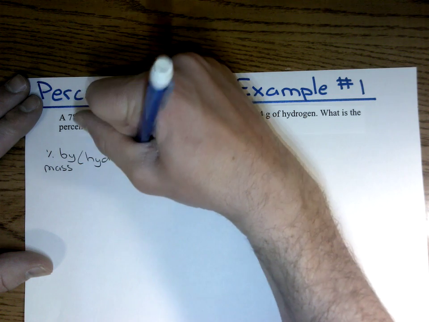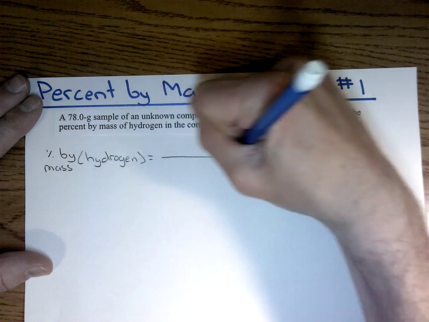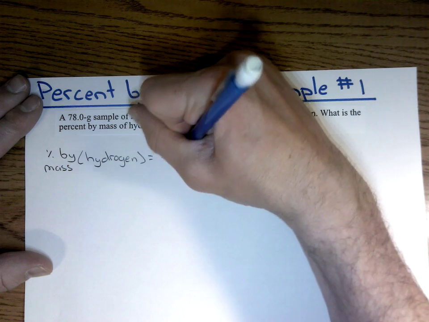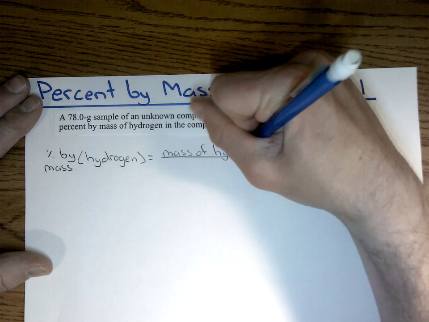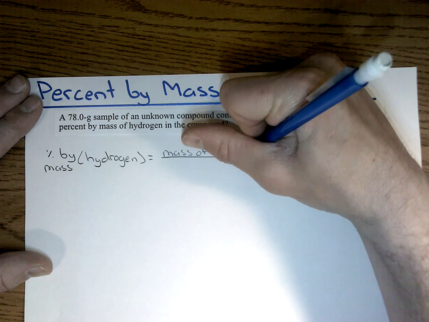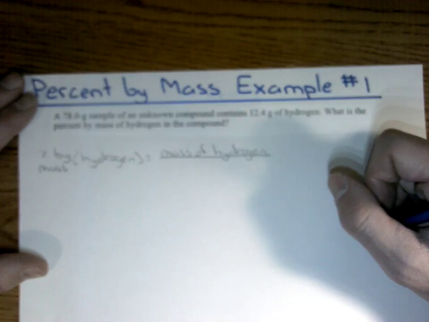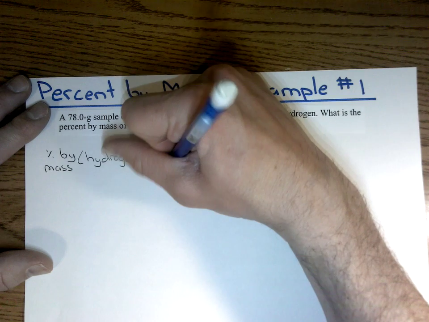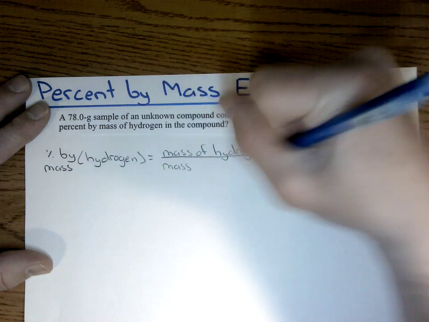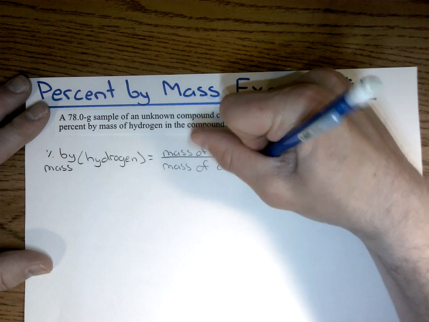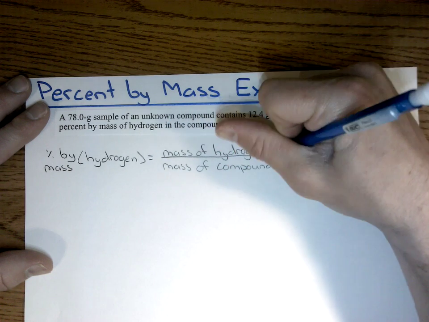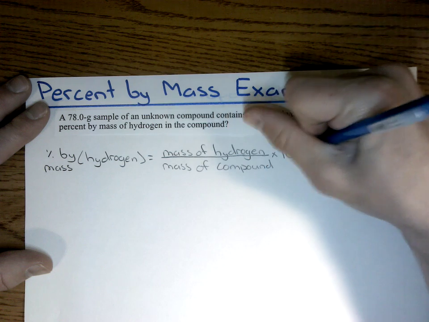What we're going to do here is put the mass of hydrogen on top, and on the bottom we are going to put the total mass of the compound. We can't forget, we're going to multiply this by 100.